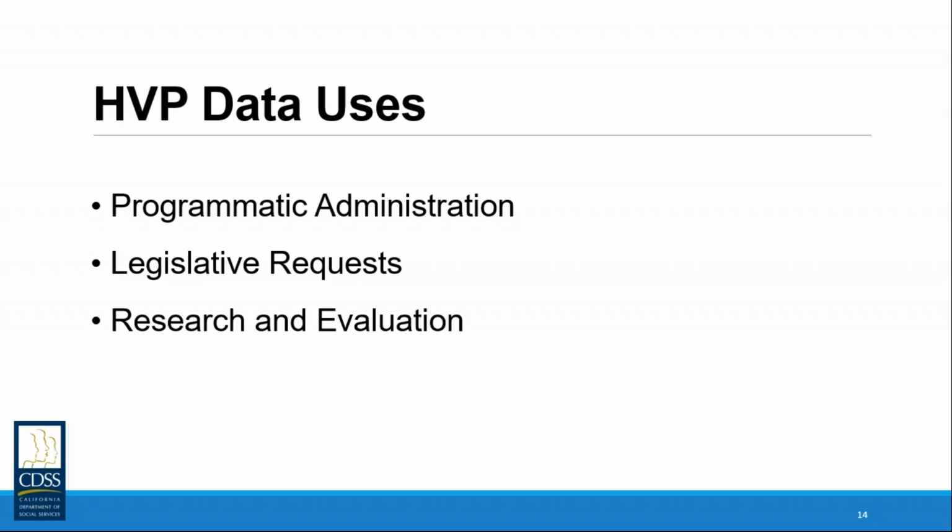And this data will also be used to respond to ad hoc requests from the legislature about the HVP program, and the data will also inform the statutorily required HVP evaluation.